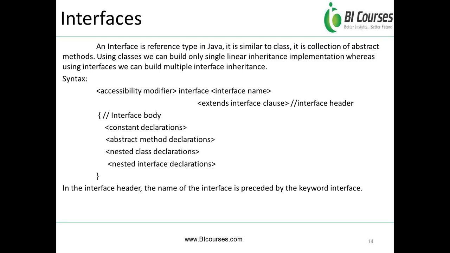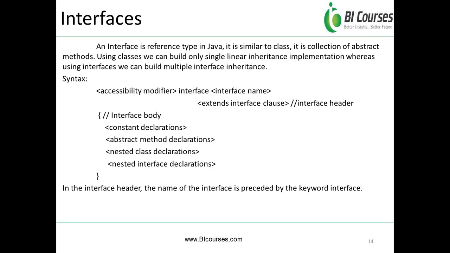Using classes we can build only a single linear implementation, whereas in interfaces you can extend multiple interfaces, as we already discussed. In classes we cannot extend multiple classes, but in interfaces we can extend n number of interfaces.